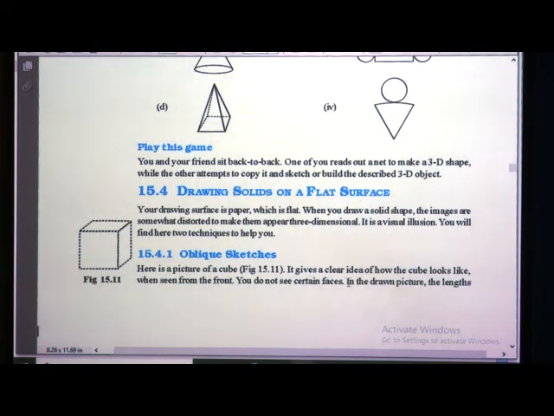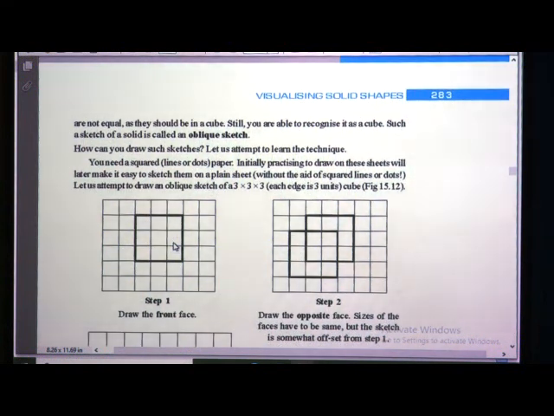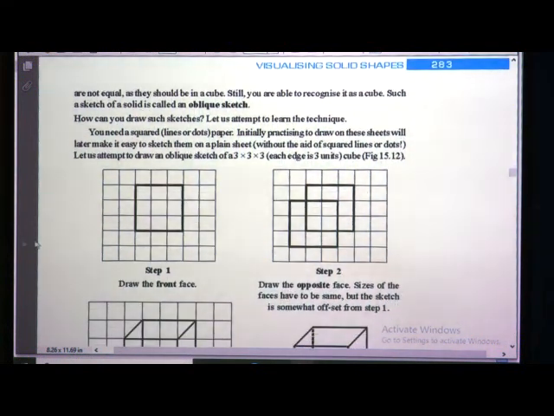It gives a clear idea of how the cube looks, and when seen from the front, you do not see certain faces in the drawing, and the lengths are not equal as they should be in a cube. Still you are able to recognize it is a cube.